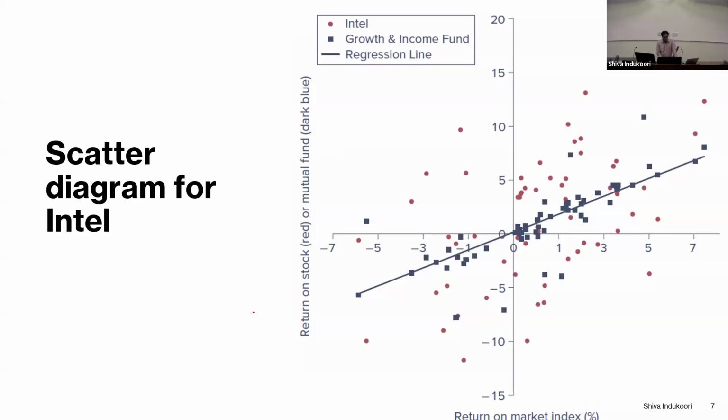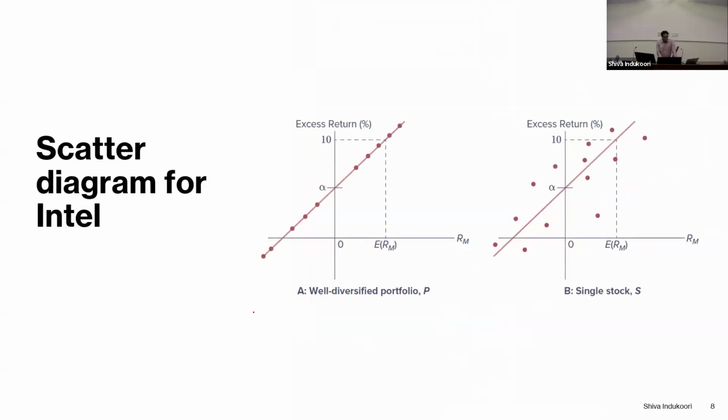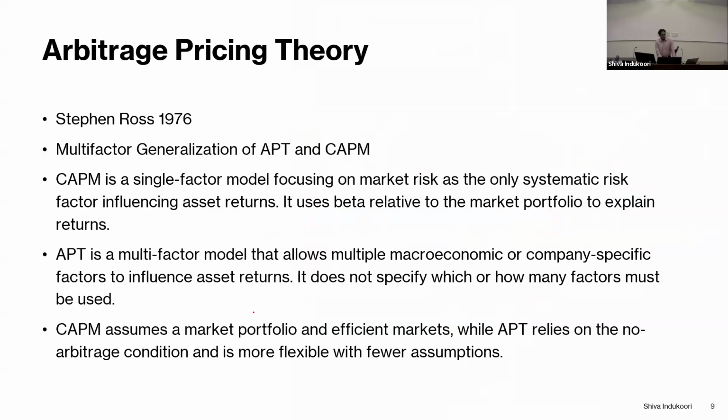I think these are some of the multiple factor models with the risk-free and risky: the Fama-French 3-factor model and APT. Some interpretations.